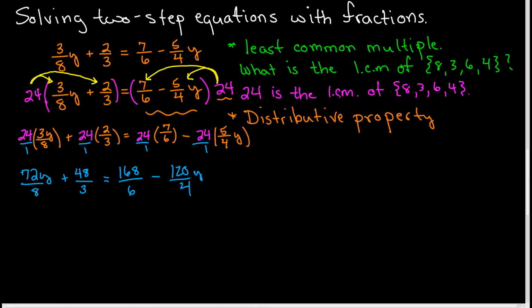Okay, so after we multiply these in, we're going to reduce these fractions, and they will reduce to whole numbers, whether it looks like it right now or not. So reduce the fractions.